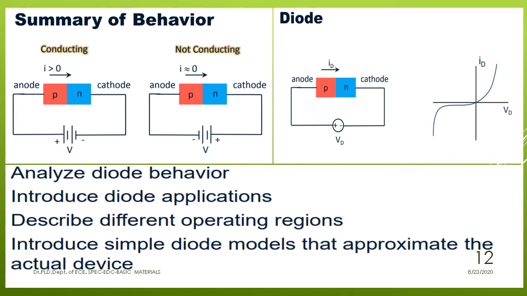That particular voltage we call the cut-in voltage of the diode. Until the cut-in voltage is reached, it won't allow current to pass through it.